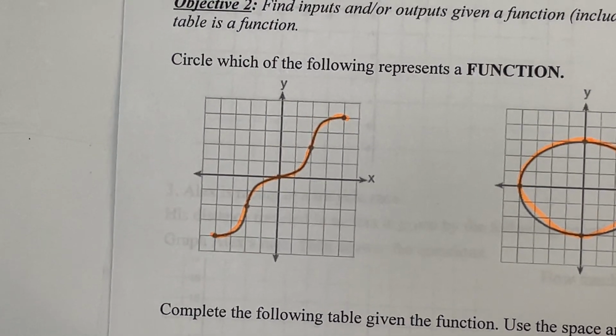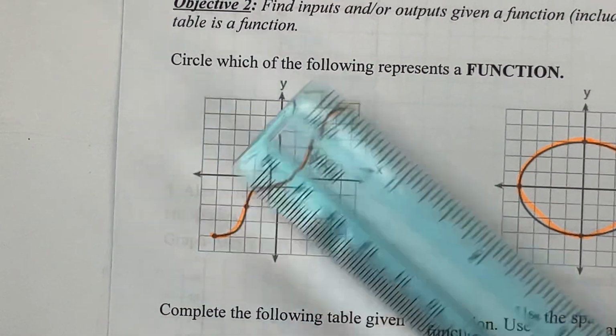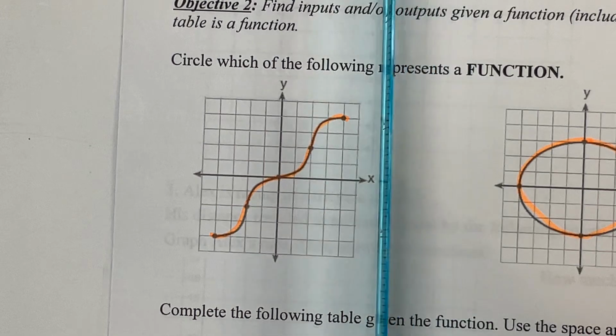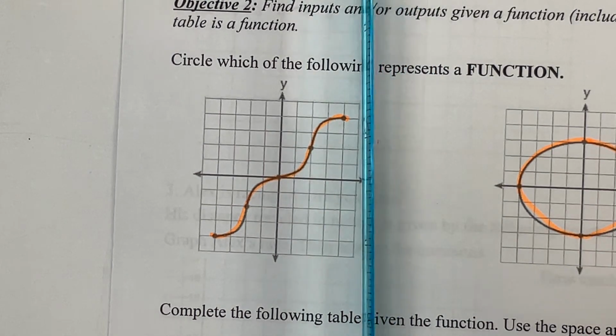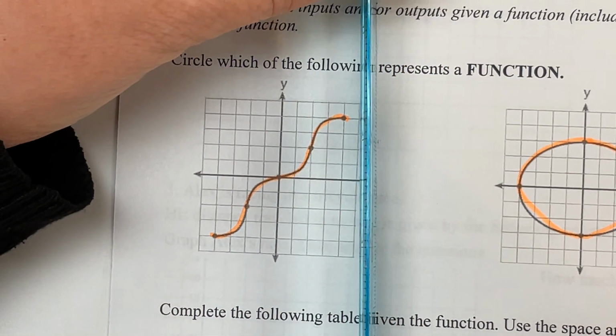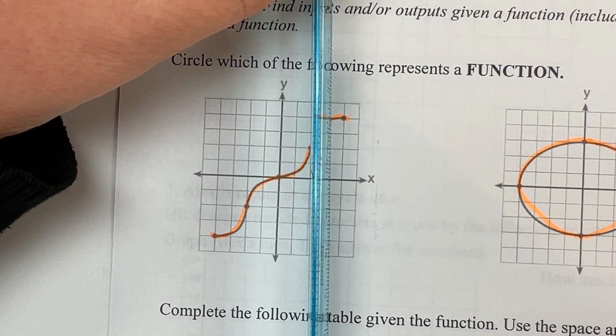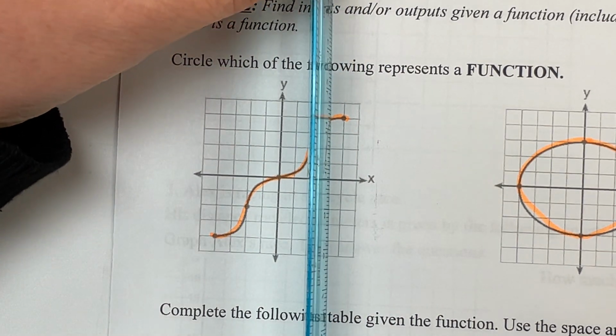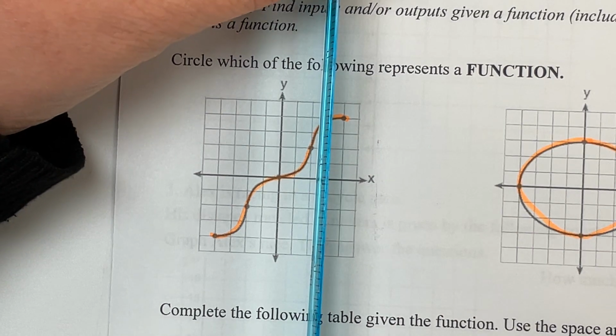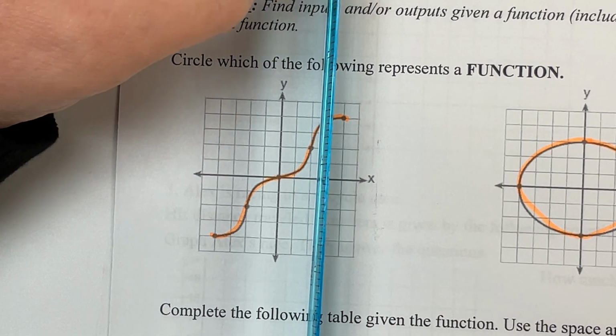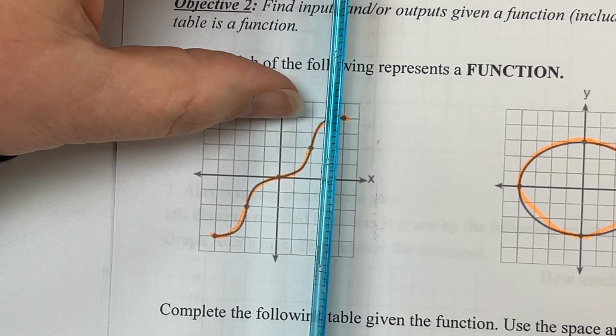Okay, so I'm going to get my handy dandy ruler, and we're going to do a vertical line test to see if this works. Now, all we're going to do is put it right here. Okay, how many times is the orange line touching my ruler? Just once, right there, right?